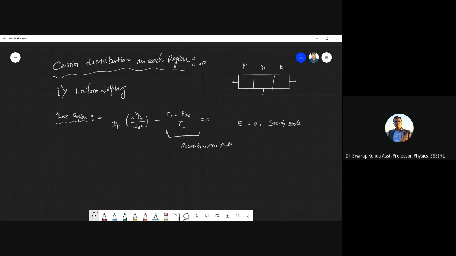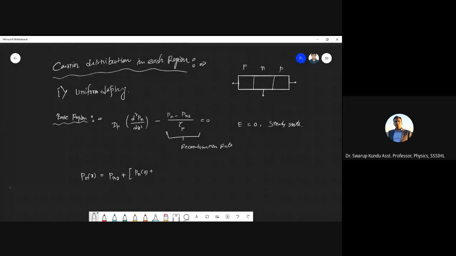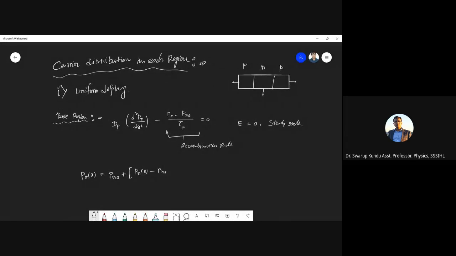The solution was p_n(x) equals p_no minus p_no times e to the power minus x over L_p, because we got this solution with some boundary conditions.